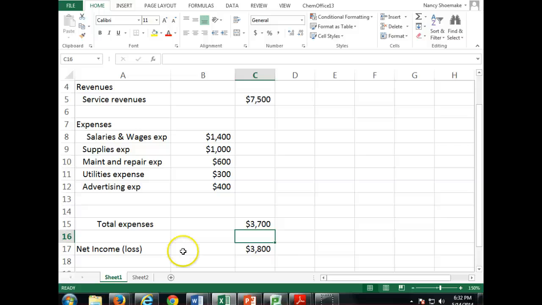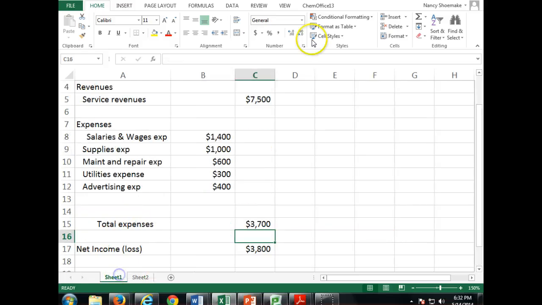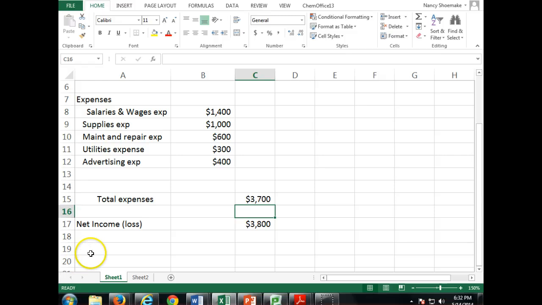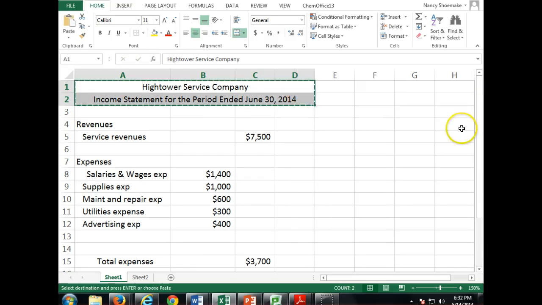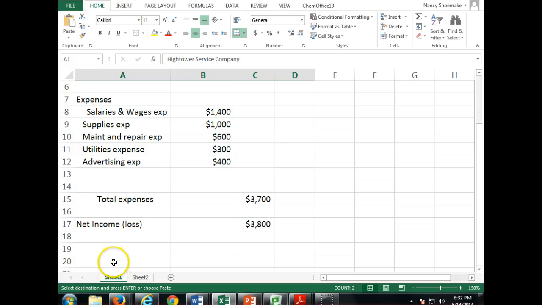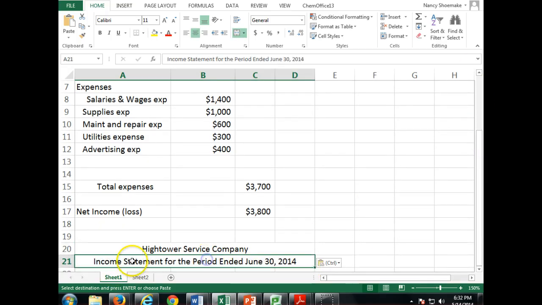Okay. Now, the next thing we want to do is a stockholders' equity section. Okay? So in our stockholders' equity section, or retained earnings, I guess, section. I'm going to go down here.